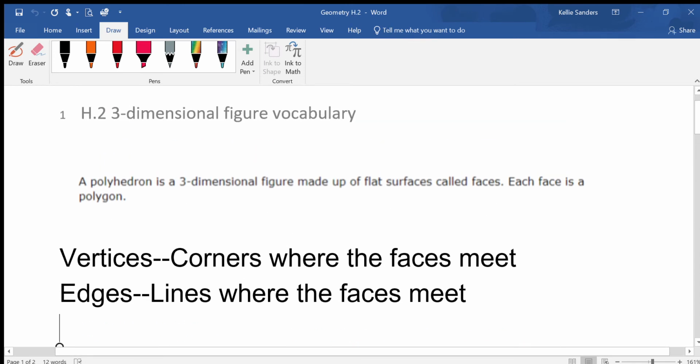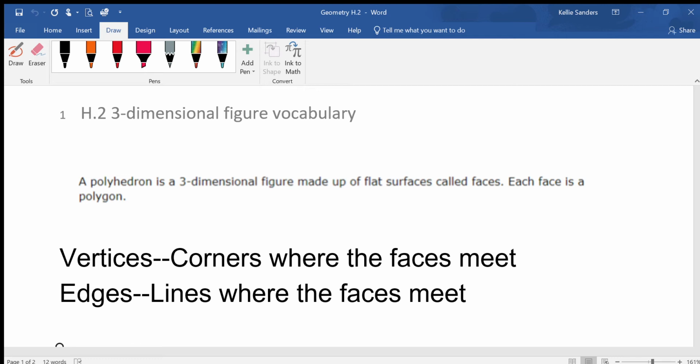Page 2, three-dimensional figure vocabulary. A polyhedron, which just means any kind of three-dimensional polygon, is a three-dimensional figure made up of flat surfaces called faces. Each face is a polygon.